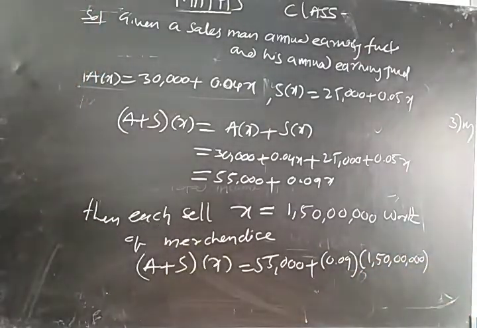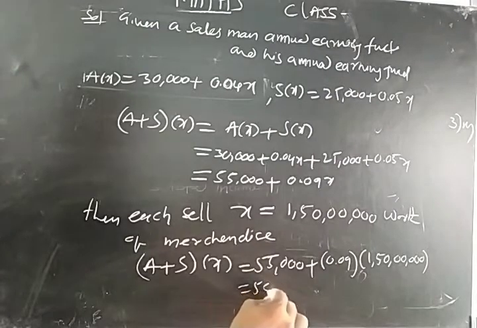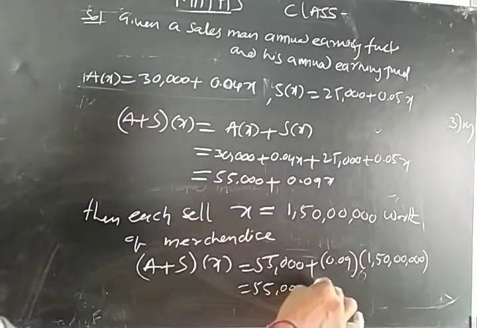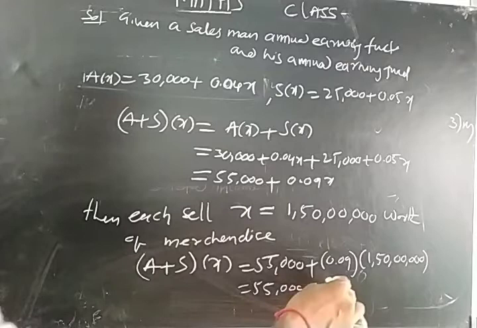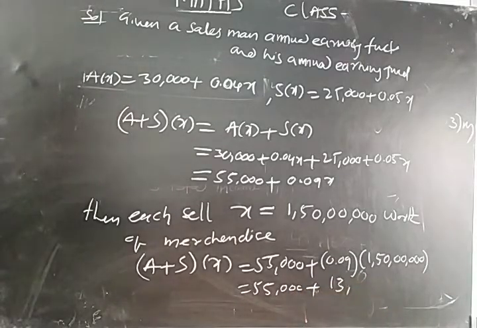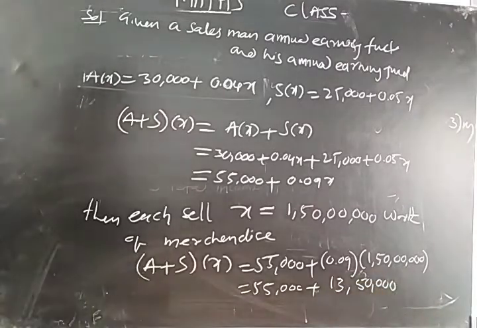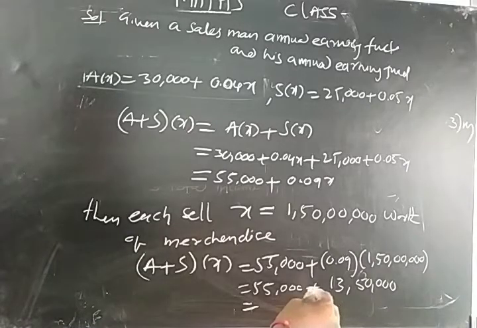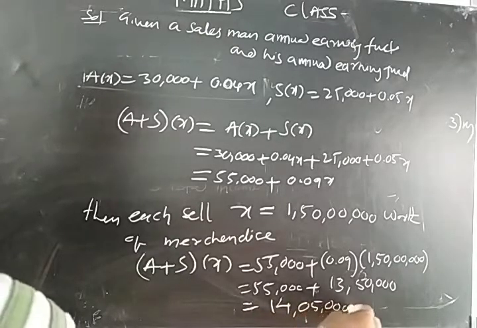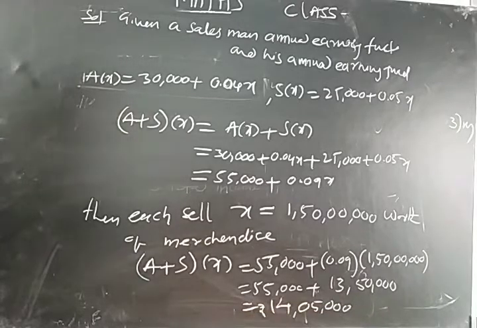After simplification, you can get 13 lakhs 50,000. By adding this, you will get 14 lakhs 5,000. 14 lakh 5,000 will be the total family income.